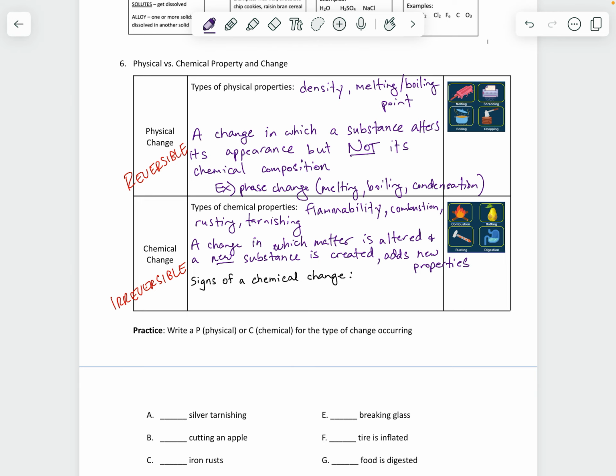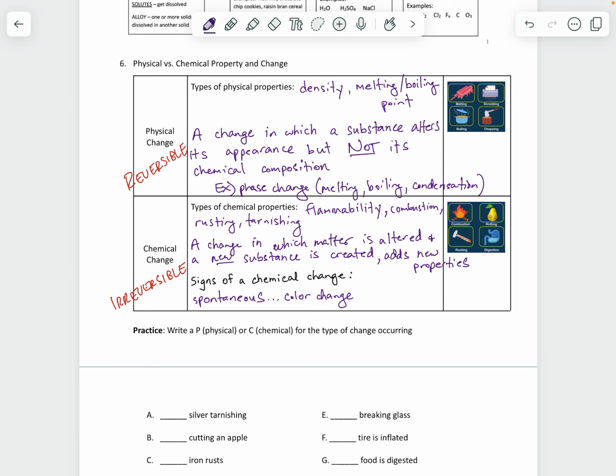Some signs of a chemical change over here, and you can add that little portion there in that box. Signs of a chemical change are spontaneous, right? These things have to happen on their own. I mean, one of these is color change.